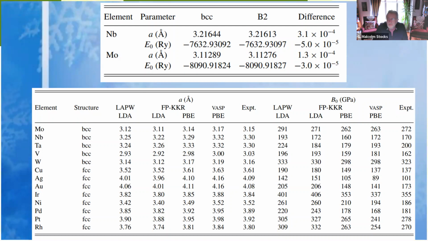Yeah, I guess huge is in the eye of the beholder, but certainly these high entropy alloys, when you relax them, the relaxations can be quite large, particularly if you're doing calculations that involve elements in different rows of the periodic table.